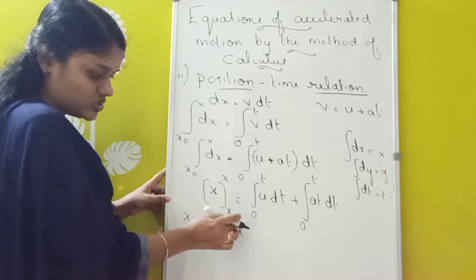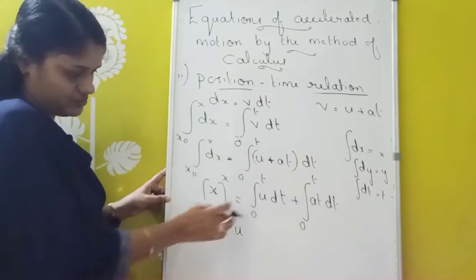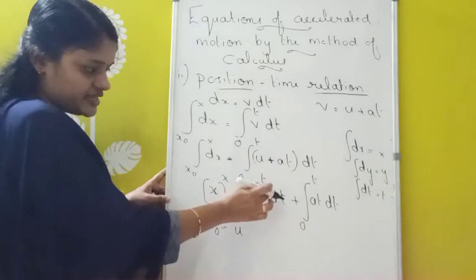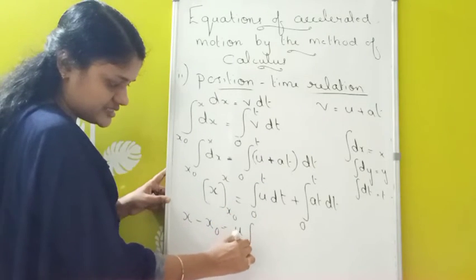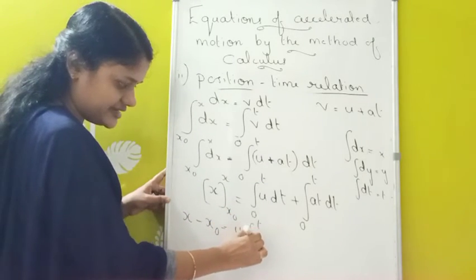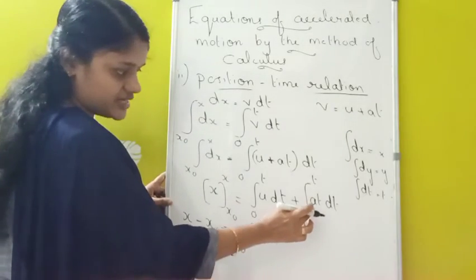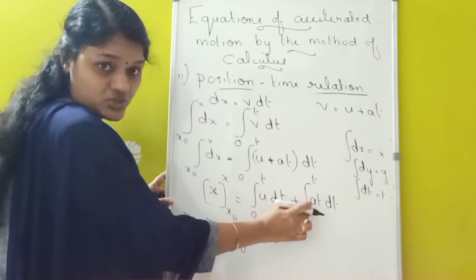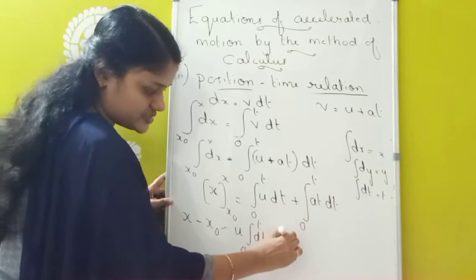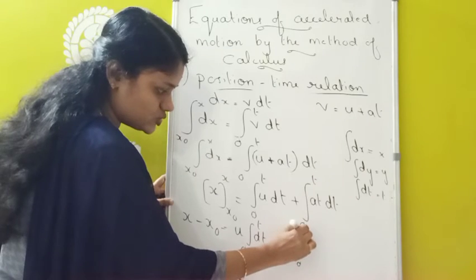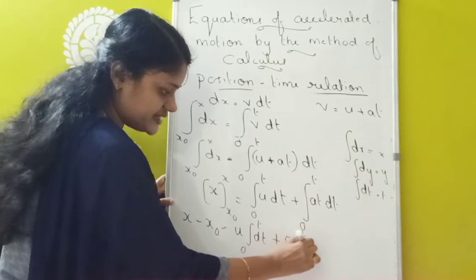Always a constant is taken outside the integral. So u into integral 0 to t dt, plus a, which is a constant uniform acceleration, taken outside. Remaining we have integral 0 to t t dt.